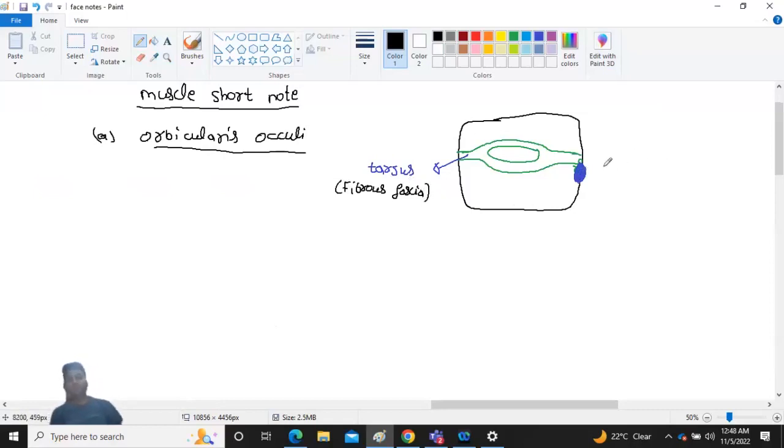Then this is the lacrimal region, lacrimal crest and lacrimal sac. The lacrimal sac and crest. We will learn the lacrimal region in more detail later. Lacrimal crest.